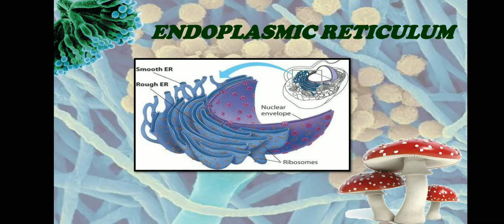So, inside the lumen of the endoplasmic reticulum, protein modification is going to take place. Post-translational modification of proteins takes place inside the lumen of the endoplasmic reticulum. Lumen means the cytoplasm-like liquid that is present inside the endoplasmic reticulum.